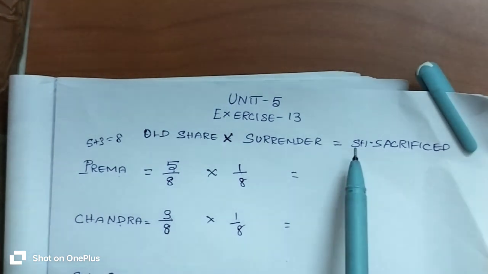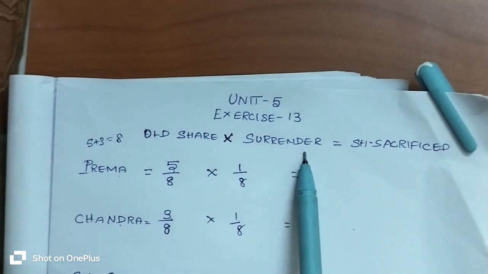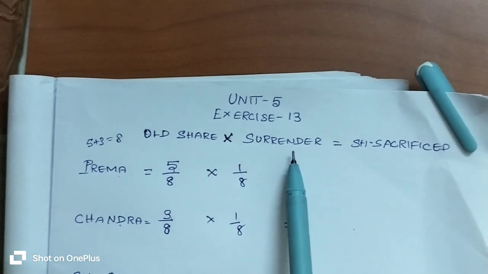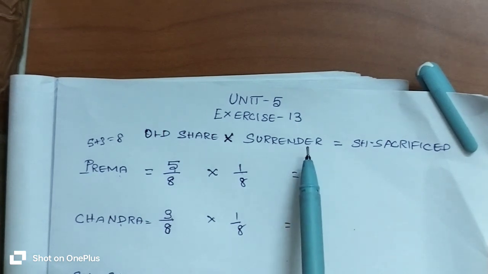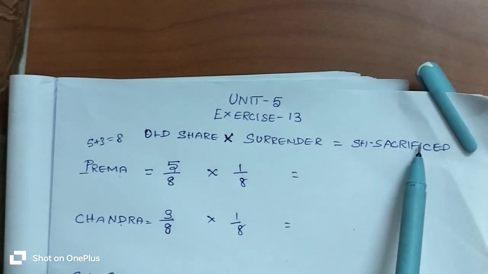It's very simple. Old partners surrender means old partners give their share of profit in favor of the new partner. Whenever you see the word surrender, you have a formula to find out the sacrificing ratio.